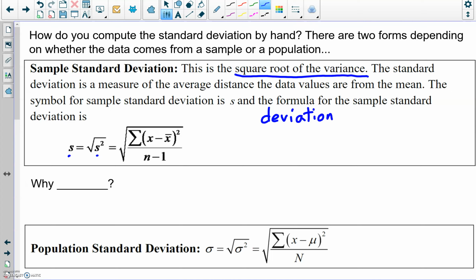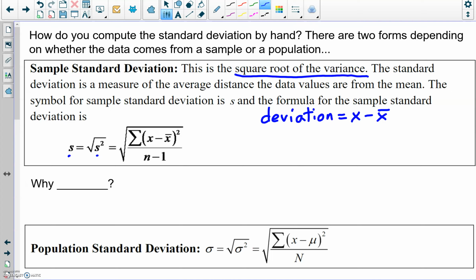So it's a very logical use of the word deviation, but the deviation here is x minus x bar. And you would do this for every data value in the data set. You find the mean first, and then you do data value 1 minus the mean to get its deviation. Data value 2 minus the mean to get its deviation. Data value 3 minus the mean to get its deviation.